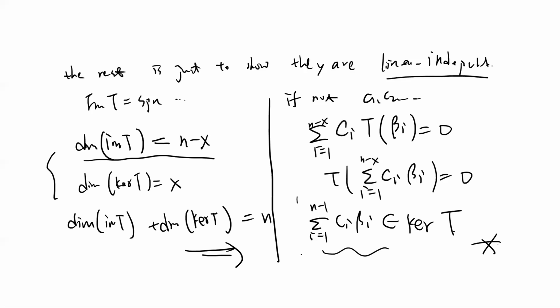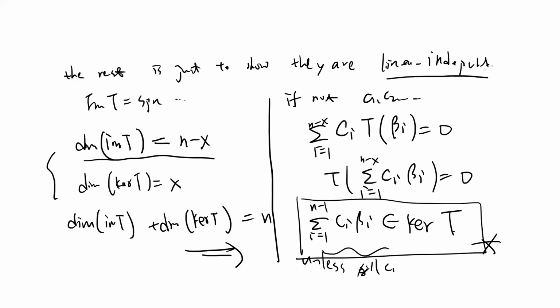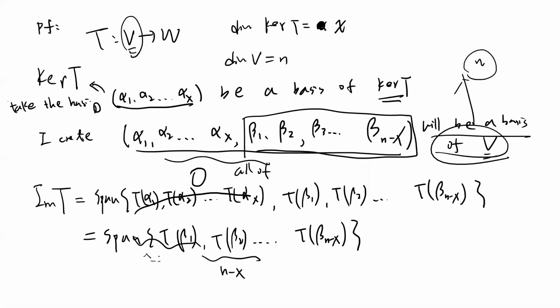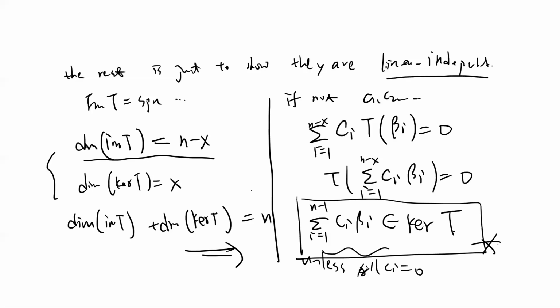But now I get a contradiction, saying that some linear combination of the rest lies in the kernel of T, unless all the ci's are zero. Which proves they are all linearly independent. Since they are linearly independent, in total they number n minus x. So I prove that the dimension of the image of T is n minus x, which proves the theorem.